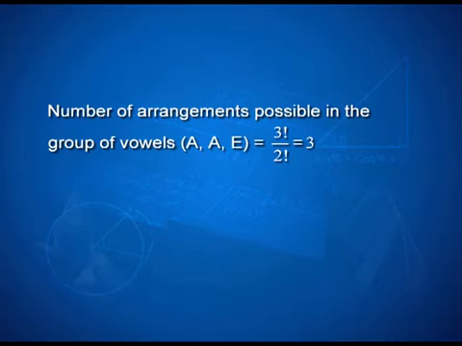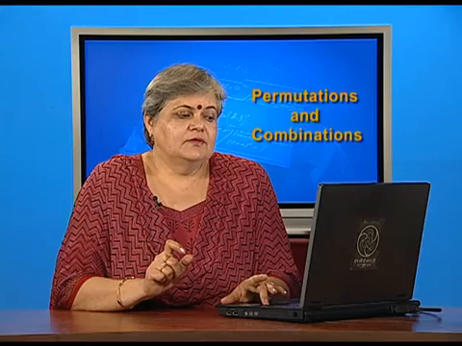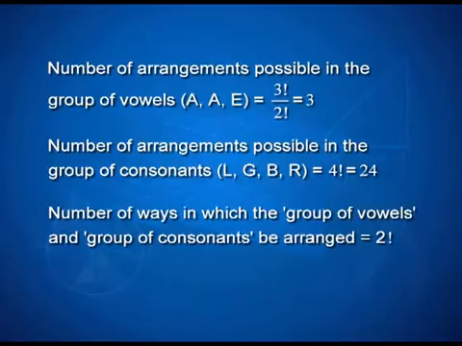So, using the result of n factorial by p factorial, that gives me 3 ways in which the vowels can be permuted within the group of vowels. Whereas for consonants, I have 4 consonants L, G, B and R, and they can be permuted in 4 factorial ways, 4 factorial coming from 4P4, and there is no repetition in this case.